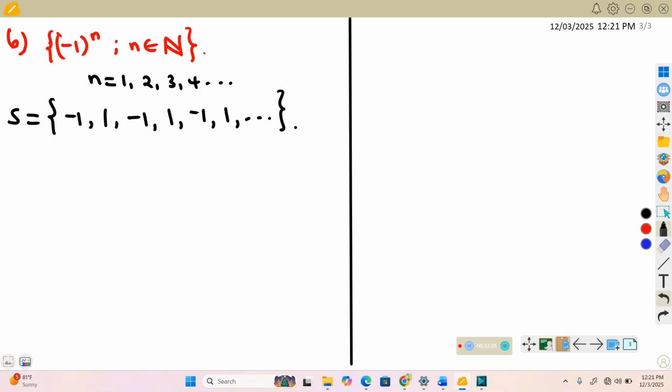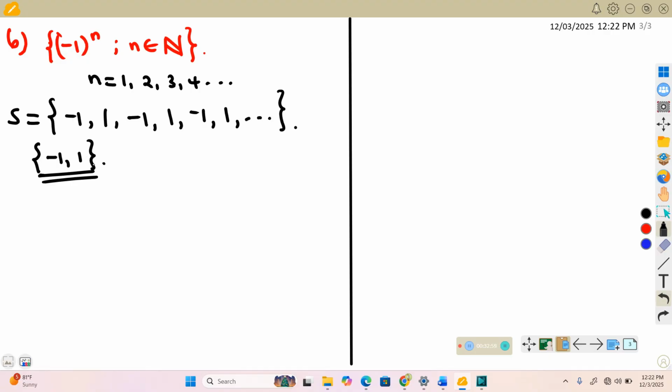So this is an alternating sequence which alternates between -1 and 1. This set is simply consisting of two elements, -1 and 1.